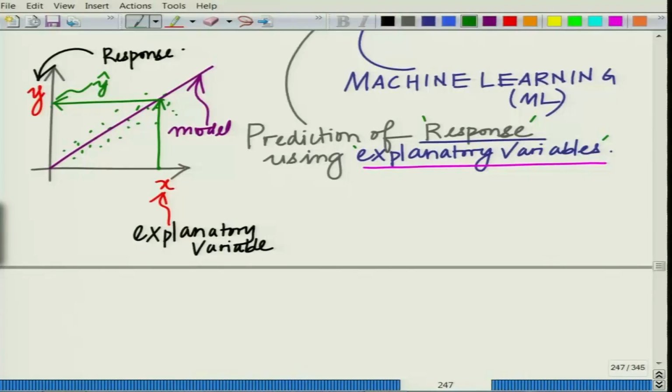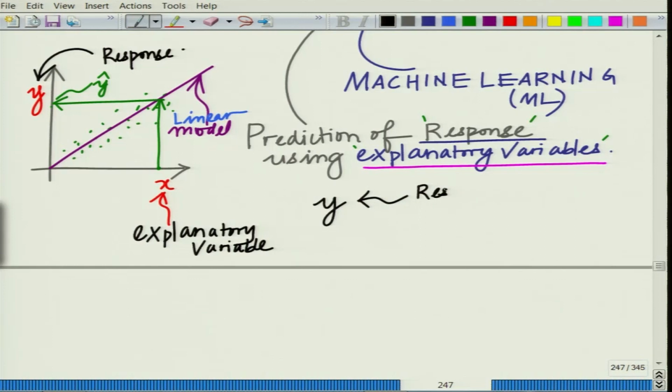And you are trying to learn this linear model, and that is essentially what the machine learning aspect is about. All right. So, this is essentially the linear model, as we have already stated. To put it more precisely, you have a response which is y.